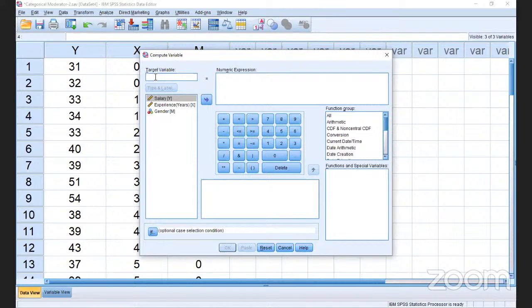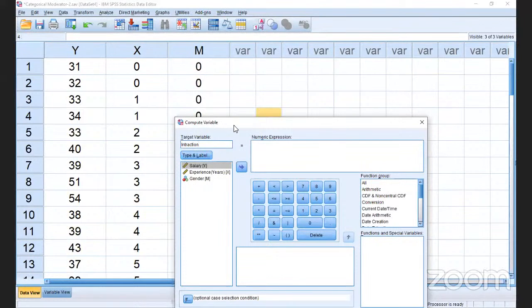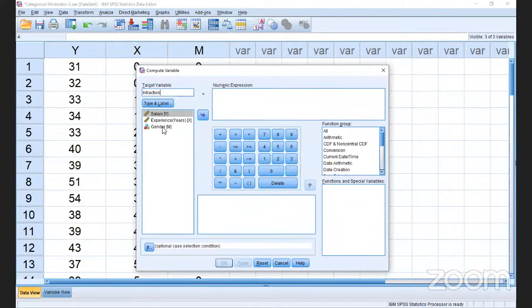Here we will write interaction. So, compute variable interaction, because we are creating the new variable. The name of the new variable is interaction, the interaction between gender and experience. So I am transferring here gender and multiplying by experience.